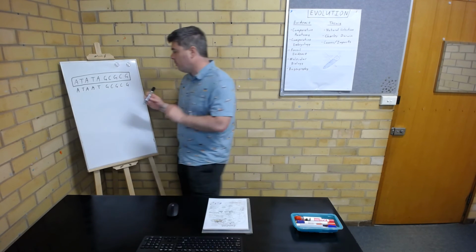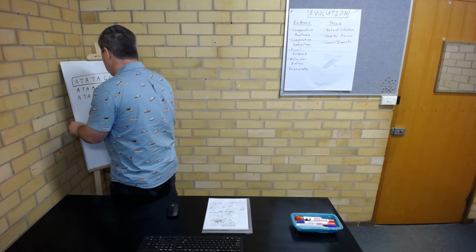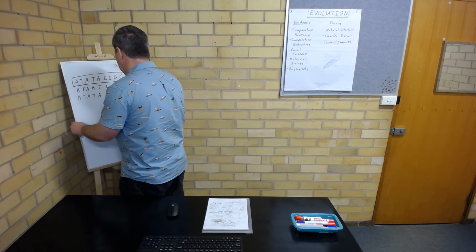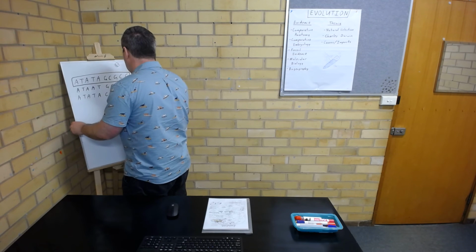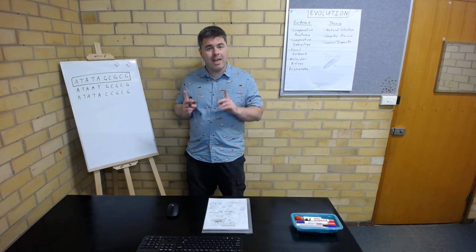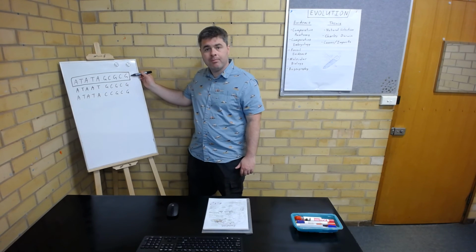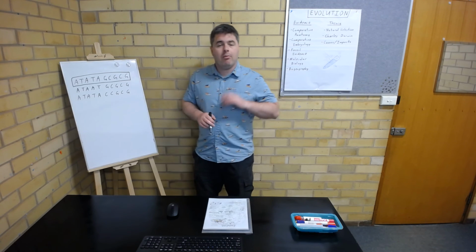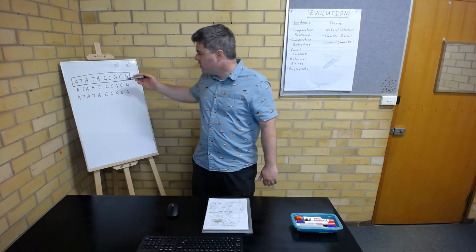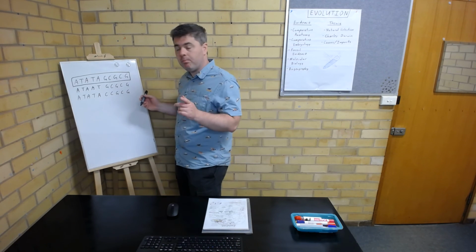All right, let's try a different one. Here's the second one. How many inconsistencies can you see between this and this? Now, let's say you want to compare these two different species to this top one. All right, we look for the parts that are different.